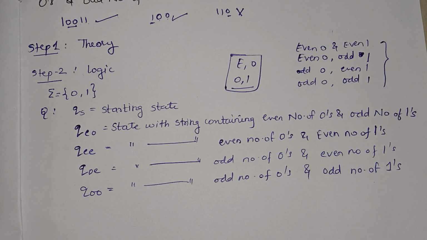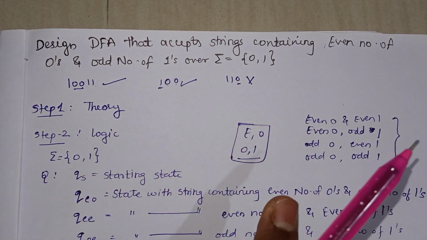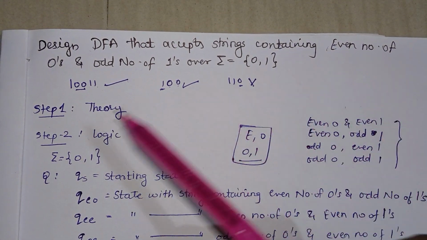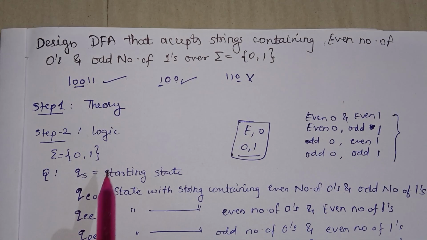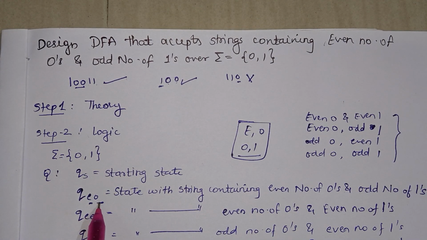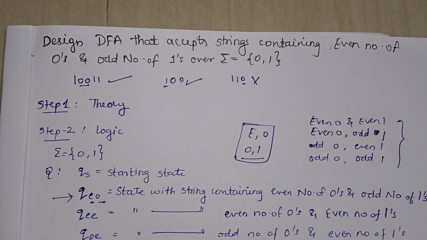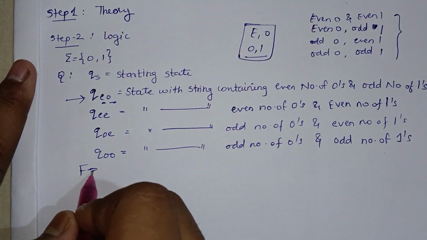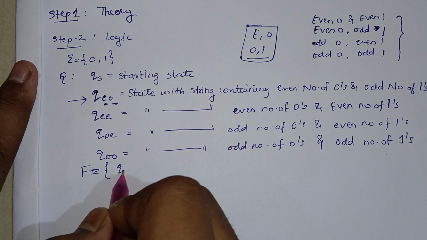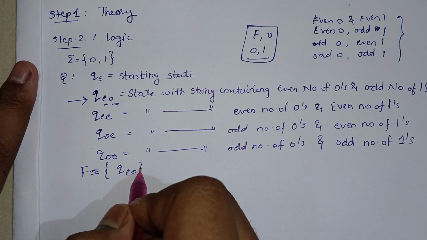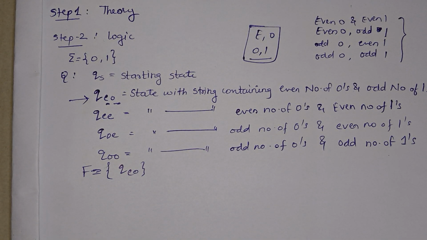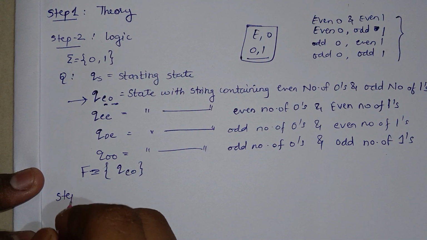Now see what the question says. It will accept the string if there is an even number of zeros and an odd number of ones. Therefore, this will be our final state. F is the set of final states, so QEO.